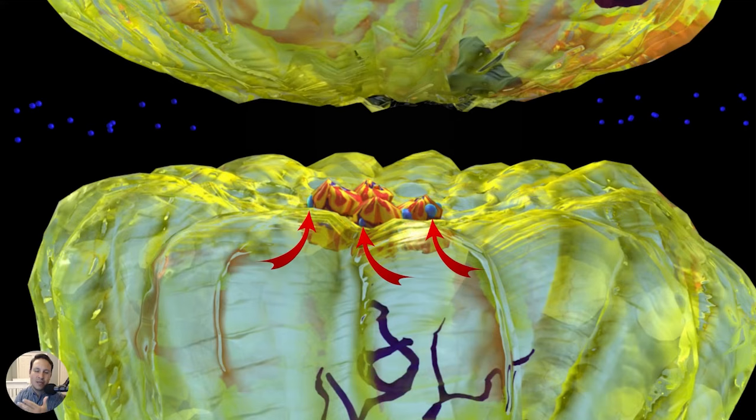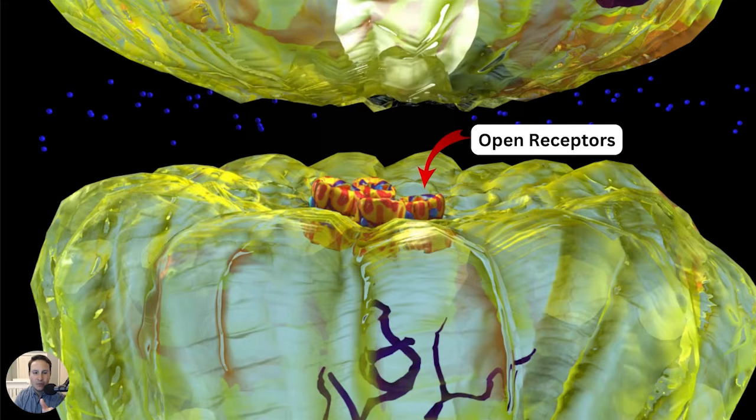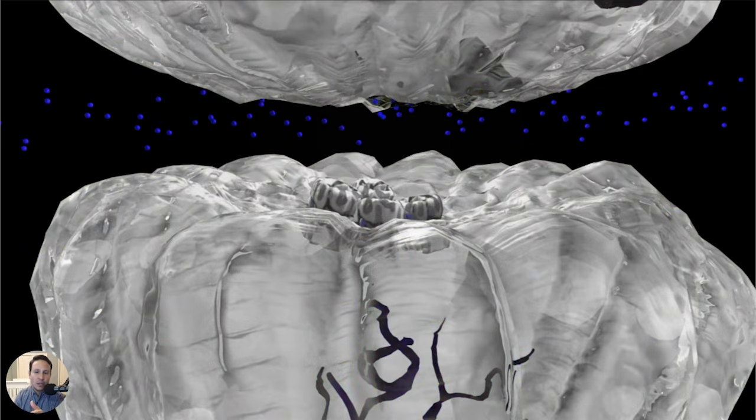GABA comes in, it attaches to these receptors, it opens them up, and then as you can see, these little blue molecules of chloride go through the GABA receptor, and that's what GABA does.